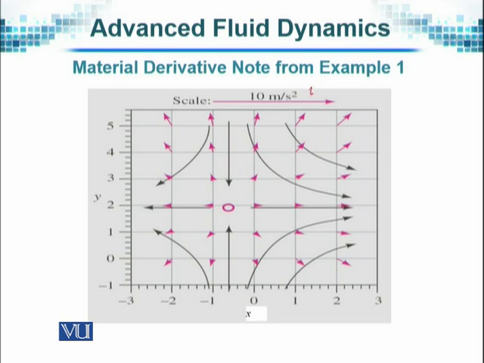The length scale is shown as 10 meters per second squared. This is just an arbitrary scale; you can increase or decrease it as you like, but it shows how the fluid is moving in different directions and how it will be flowing.